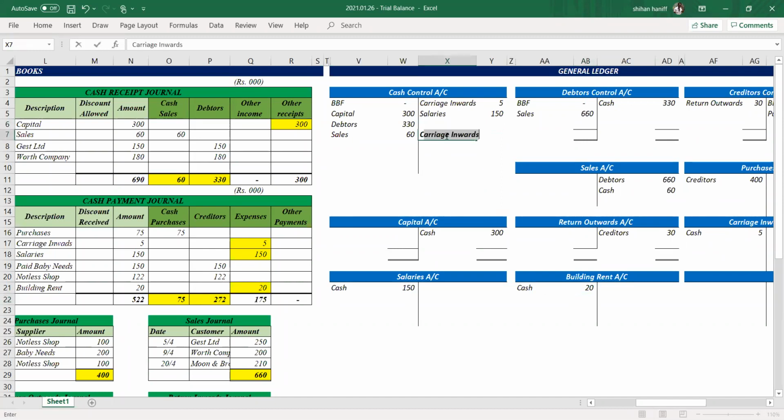Paid to creditors 272: cash account credit, creditors account debit 272.